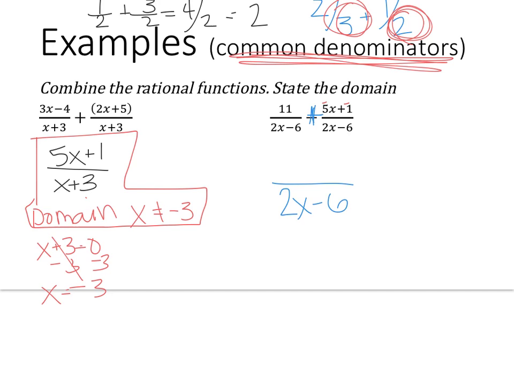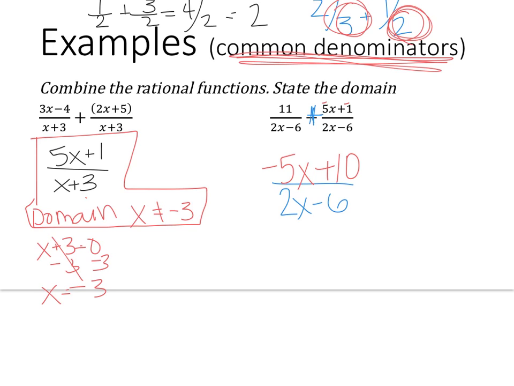But then from here, it's the same thing. This -5x doesn't have a like term, so that just stays out front. But then I have 11, and I'm combining it with -1. So 11 minus 1 is actually positive 10. One thing you want to look at: -5x plus 10 and 2x minus 6 both have greatest common factors.